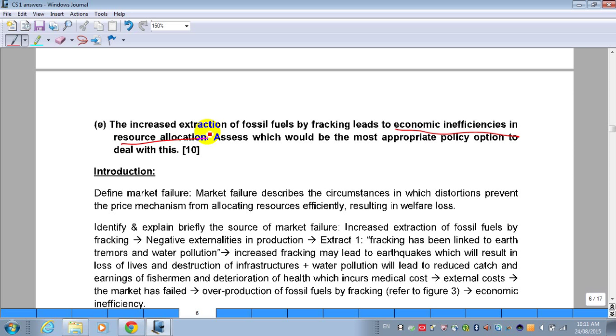In the exam, what you need to do is go through all the sources of market failure in your mind and ask yourself which is the most appropriate one. Given that there's an increased extraction of fossil fuels, I thought it's pretty obvious that this would be talking about negative externalities.